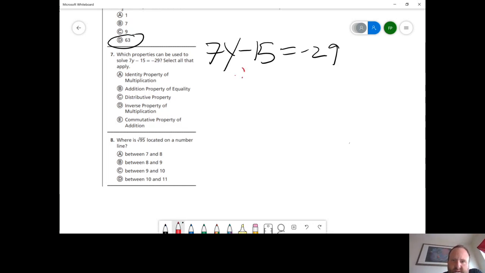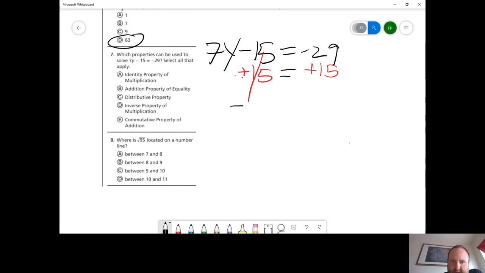Whatever we do to one side, we have to do to the other, right? So plus 15. Okay. That wipes out.